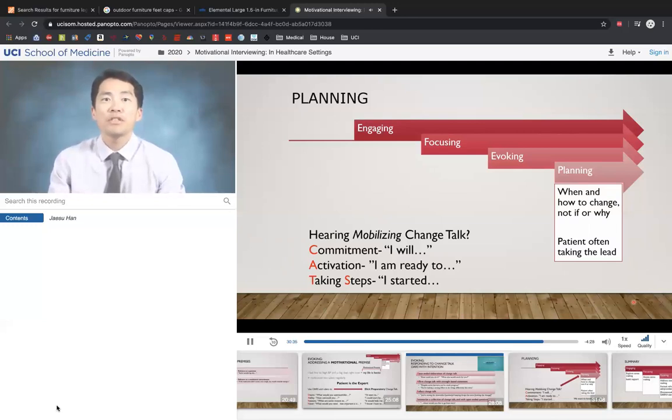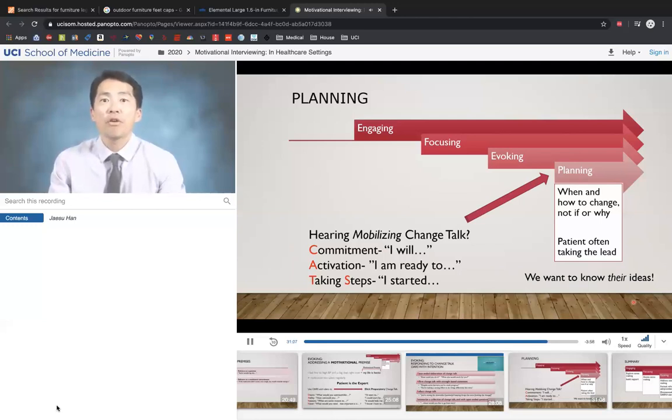So if the patient has gone from, well, I'm thinking about doing something, to I will, for example, I will try to take the medication every day, or the patient says, I'm ready now to start to exercise, or I've started to walk once a week. Now the patient has gone from thinking about it to actually doing something. So this is a sure sign that the patient is ready for the planning process of MI.